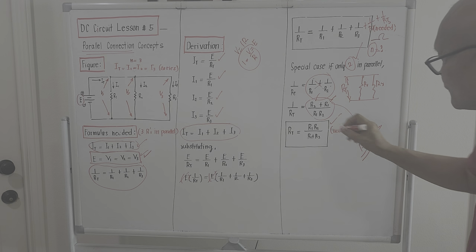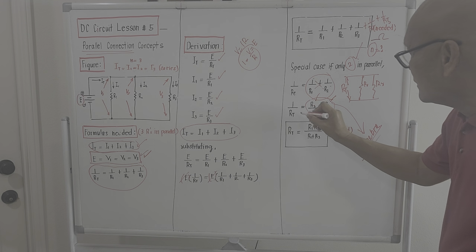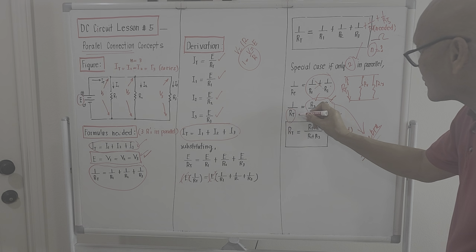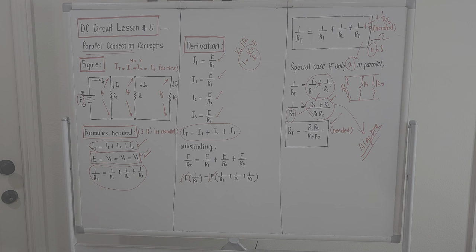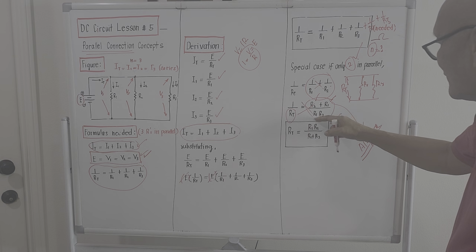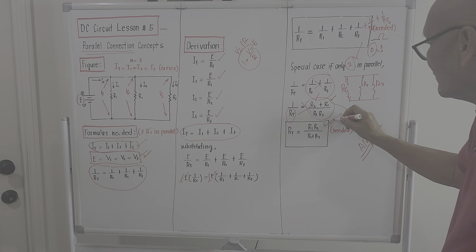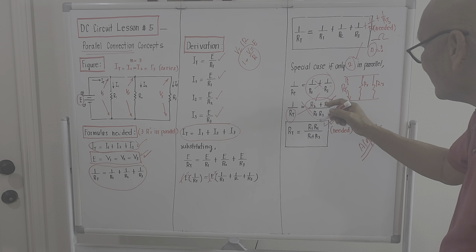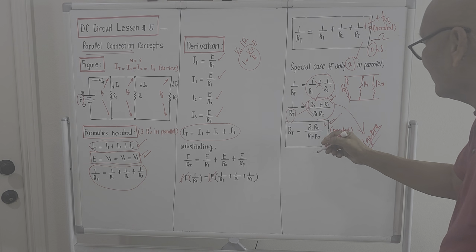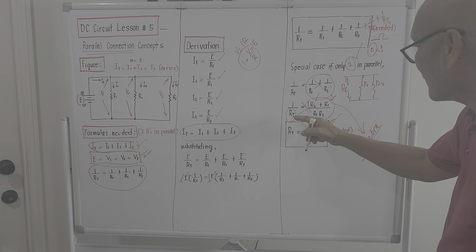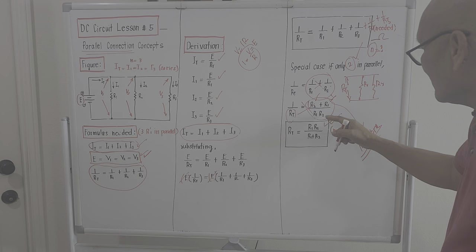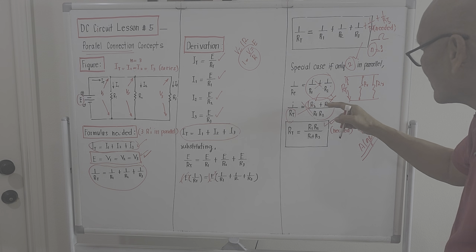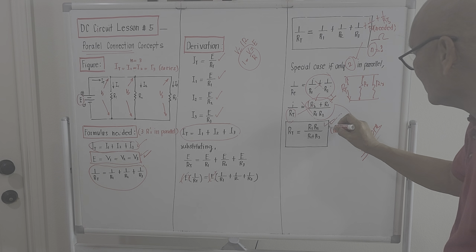And if we try to compute for this, cross multiply this, right? 1 times R1 R2 will be R1 R2, and R total times the quantity R2 plus R1. If we try to compute for R total, it will be the product of 1 times this over the sum of R1 plus R2.